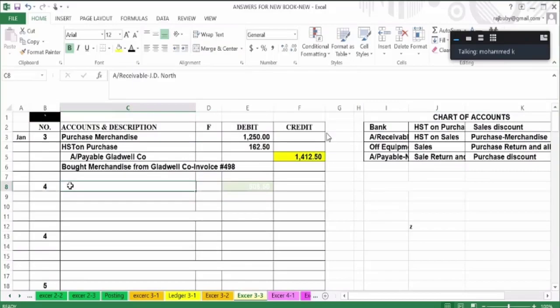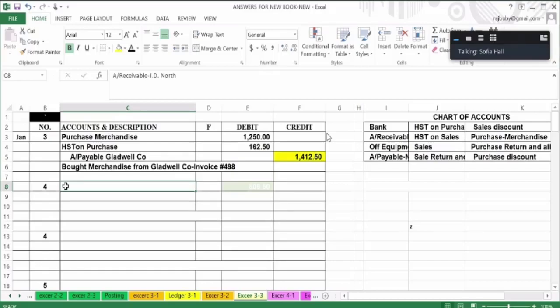January 4th. Sold merchandise to JD North, 450 plus HST of 58.50, invoice number 105, terms n/15. So we will debit accounts receivable, JD North, and then we will credit sold merchandise and HST on sales, and then add them together.